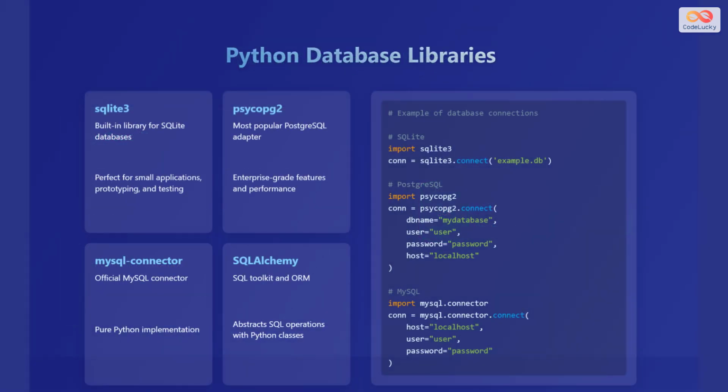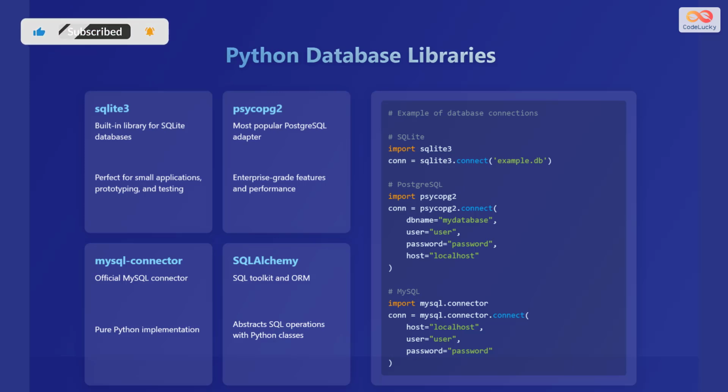When working with databases in Python, various libraries are available, each offering unique features and capabilities. The sqlite3 library is built into Python and is ideal for working with SQLite databases, which are great for small applications, prototyping, and testing. psycopg2 is a popular choice for PostgreSQL databases, providing enterprise-grade features and performance.